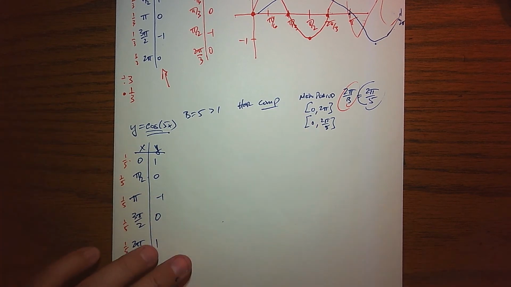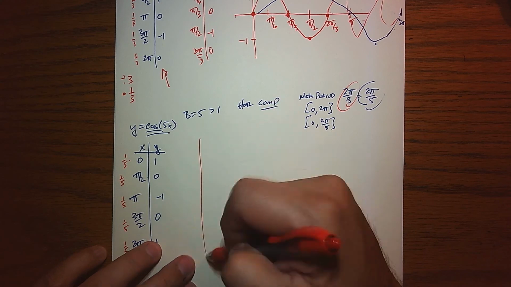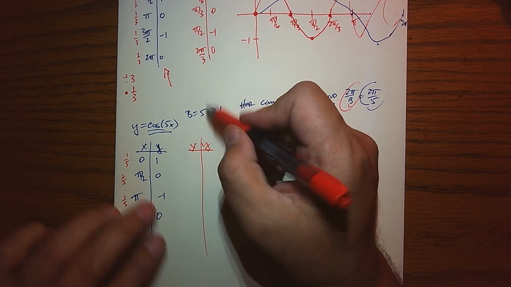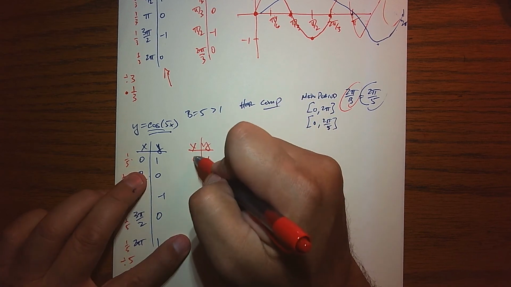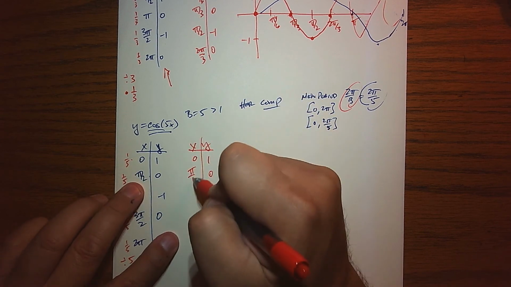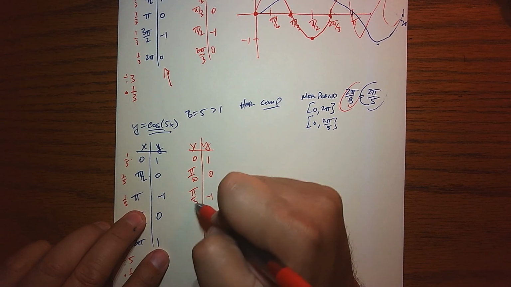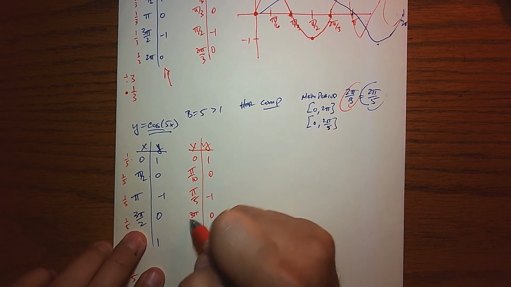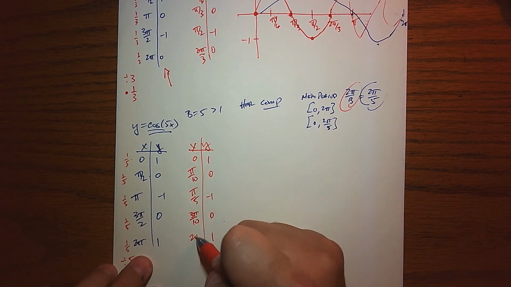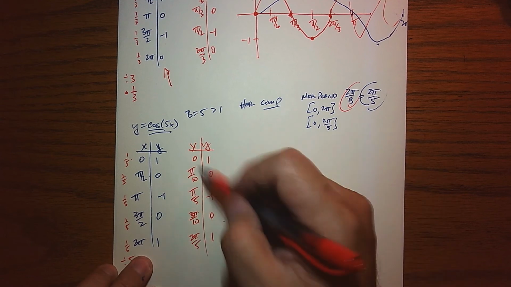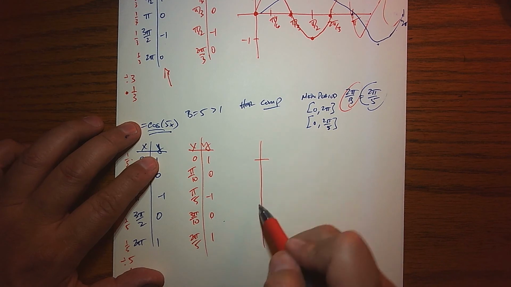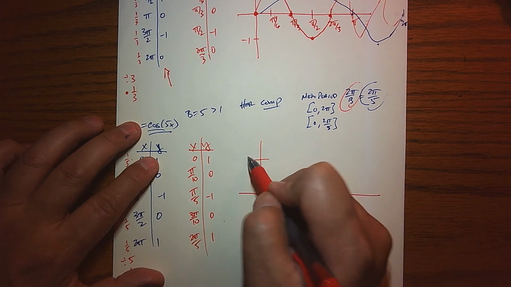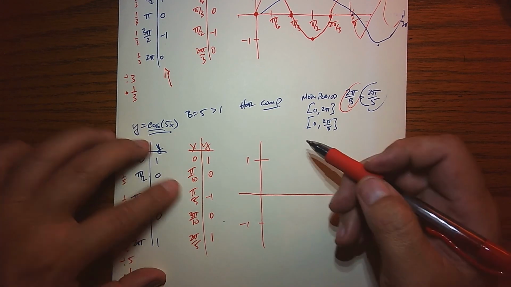All right, and so what are our new data points? We'll just mess around with our scale. These don't change. And then this is 0. That's pi over 10. This is pi over 5. This is 3 pi over 10. And this is 2 pi over 5. So those are pretty nasty. But just in terms of scale, there's 1, there's negative 1, and just match that as your scale.